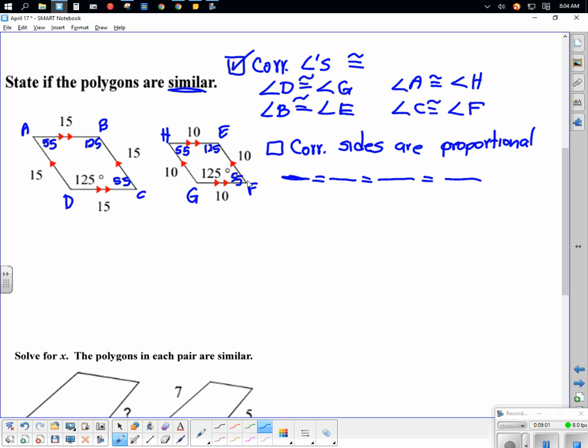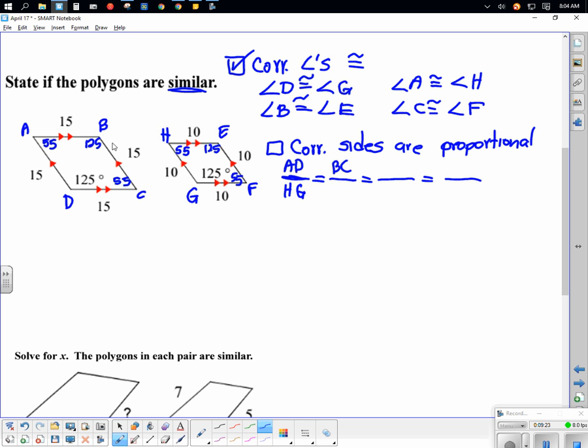Now over here, pick any side you want from here. Let me pick side AD. Now AD is the left side, that corresponds to HG. Go back to this polygon, pick any side you want. Let me pick side BC.